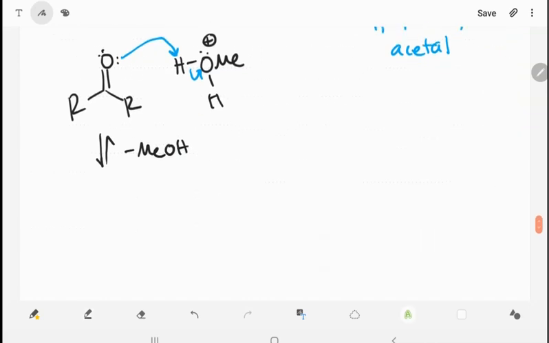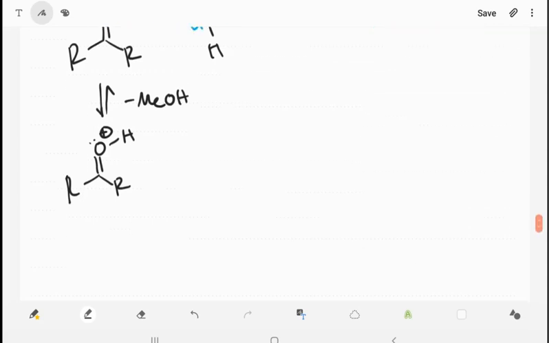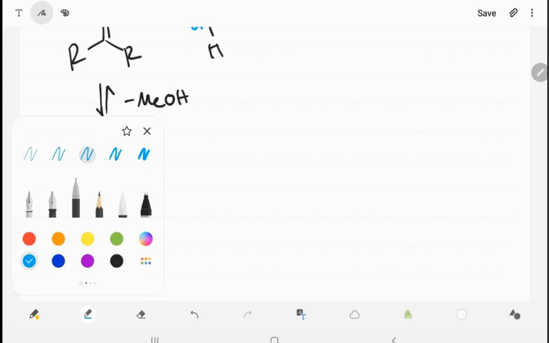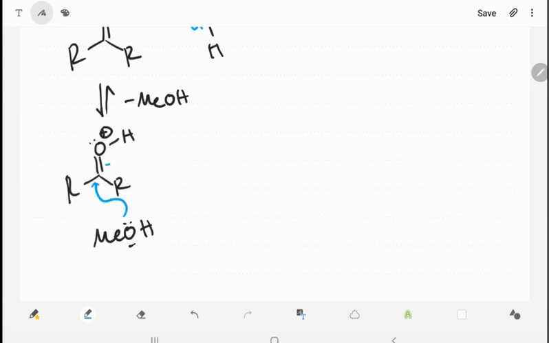I say minus MeOH because it's not going to come back in the next step. Oh well. Now we have our protonated ketone. If we want, we can show the resonance. I'm not going to worry about it. I'm just going to say, aha, here comes our methanol. Oops, let me use the correct color. Methanol comes in. It attacks our carbon.